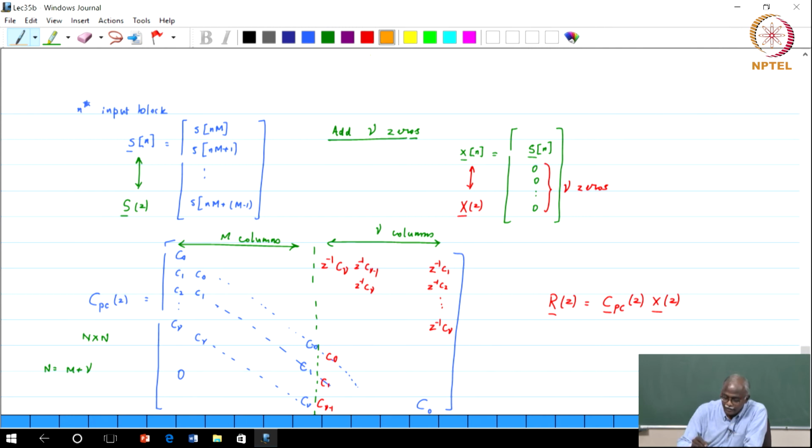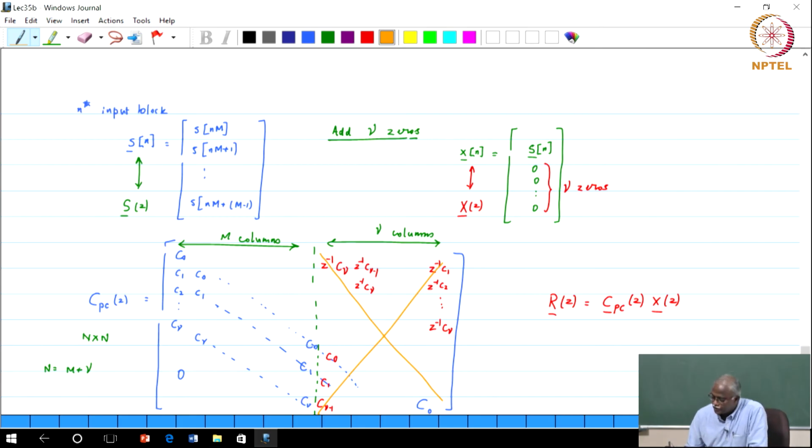So if I killed these, what did I remove out of my structure? I removed any memory in the system. I removed the block. So what I need to worry about is this matrix, which is n cross m, which is given by this form.